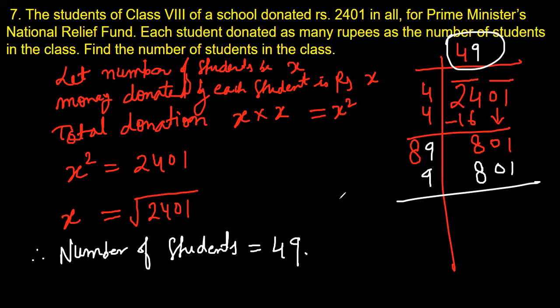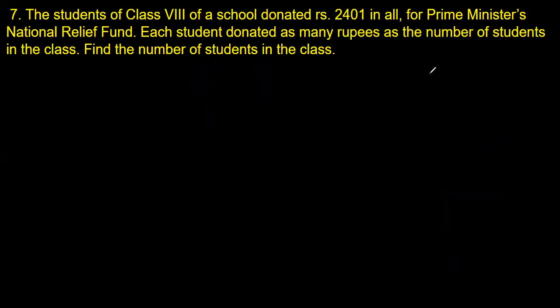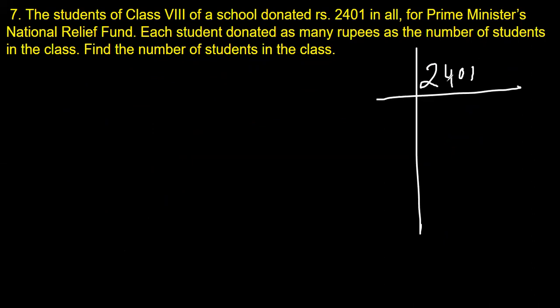There is one more way you can find the square root, that is by prime factorization. So what you can do is simply take the number 2401 and factorize this. Well, is this divisible by 2? Of course not. By 3 also not divisible, because the sum of digits is not divisible by 3. By 5, no chance, this doesn't end in 0 or 5.